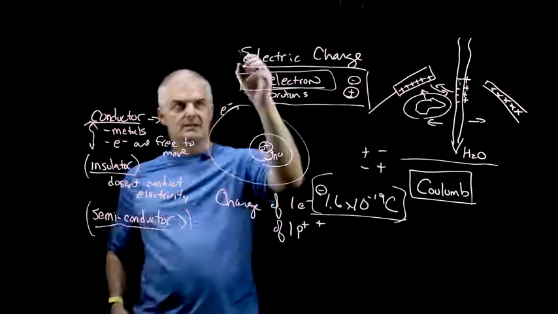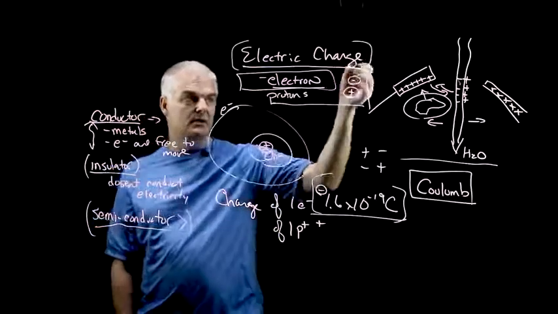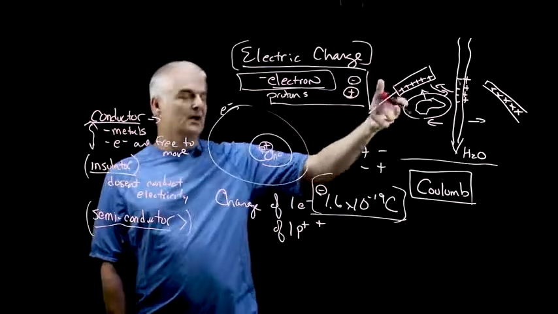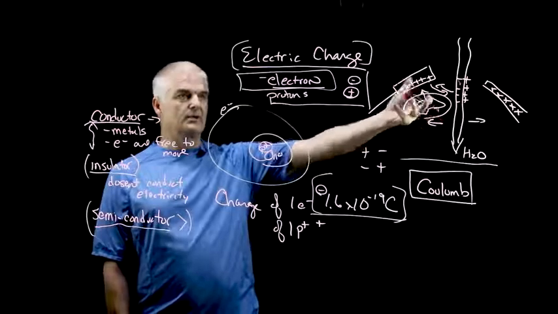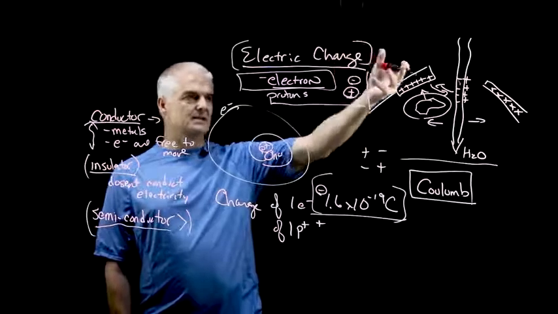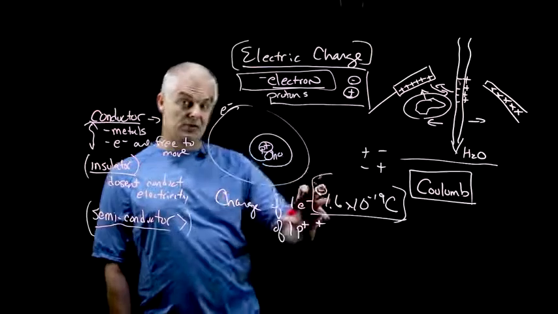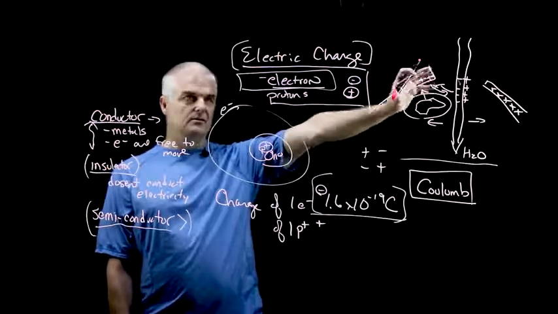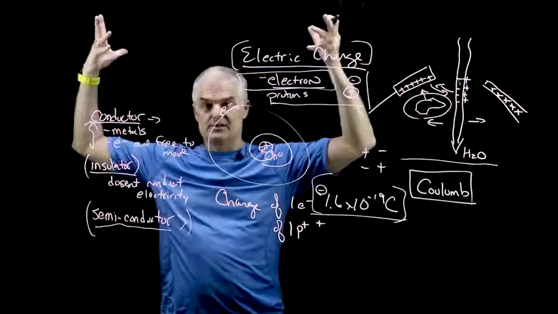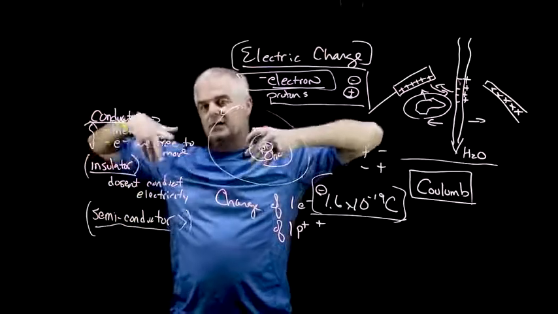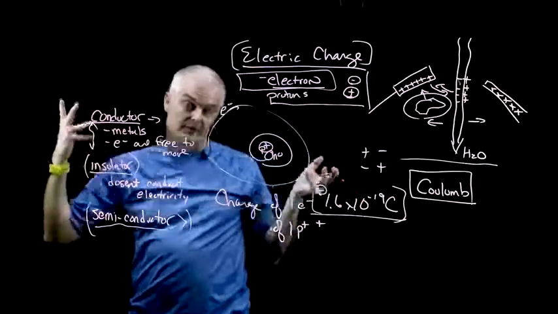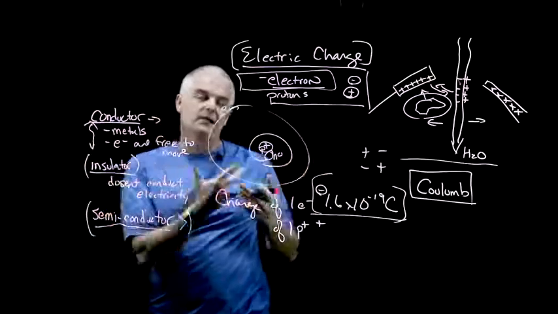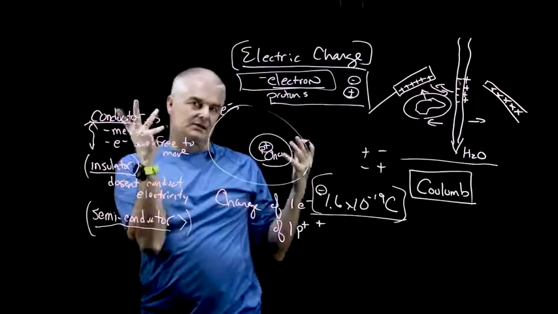I didn't say this at the top of the game, but electric charge leads us to electricity. Electricity leads us to our modern world. This is one of the most amazing things, that we are able to harness the power of electrons to do so many things: to light the lights above my head that you can't see, to power your cell phone, to power your car if you have an electric car, or even the radio, or anything that's electrical.